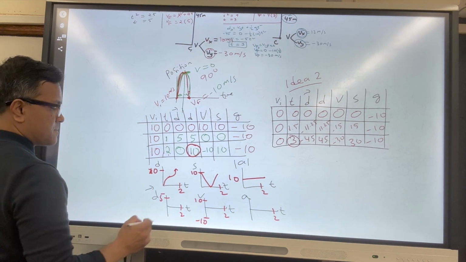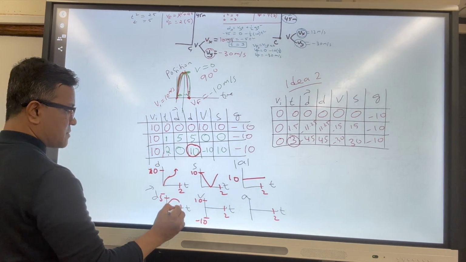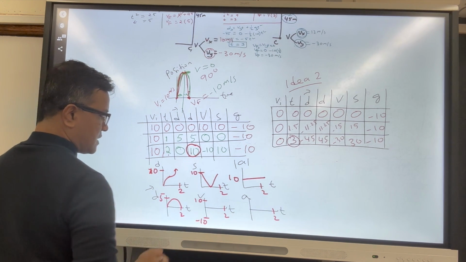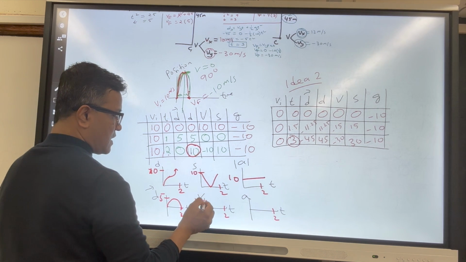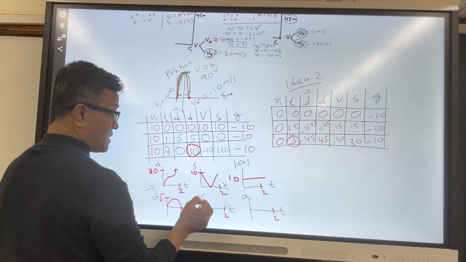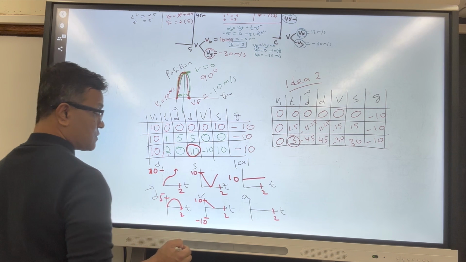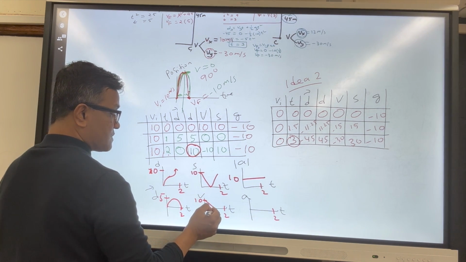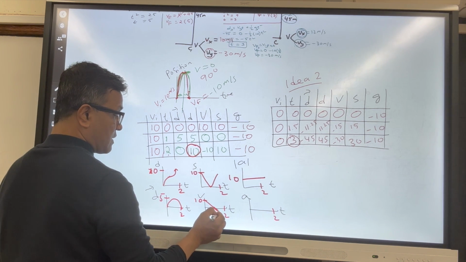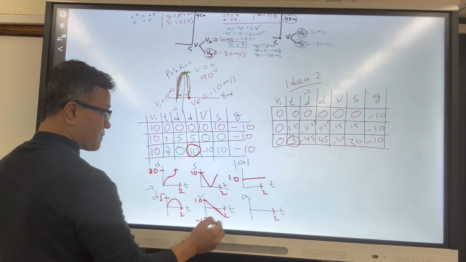From the displacement versus time, all right, maximum height is 5. At 2 seconds, the displacement is 0. The velocity is decreasing to 0 from 0 to 1 second, and the magnitude of the velocity is increasing from 1 to 2 seconds.